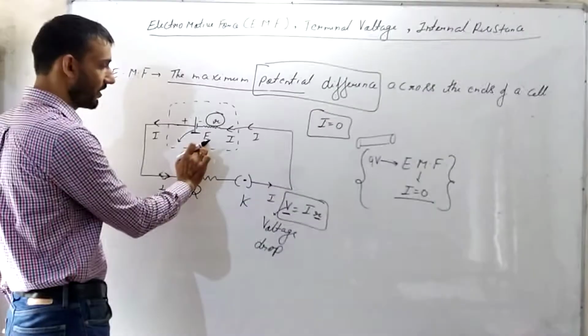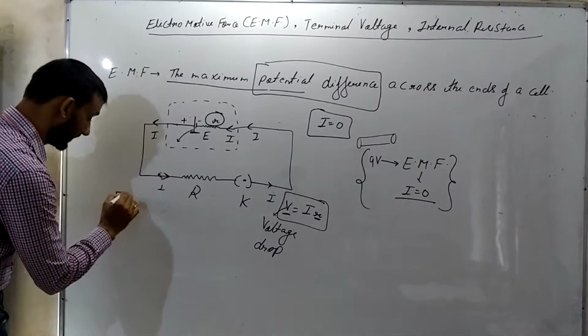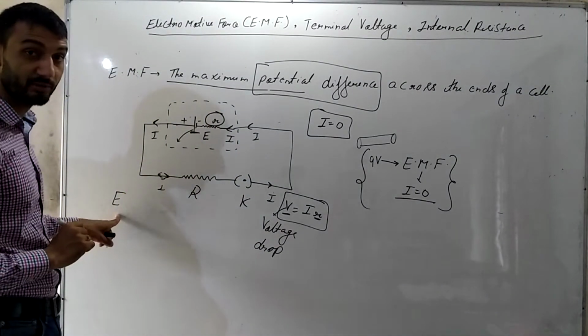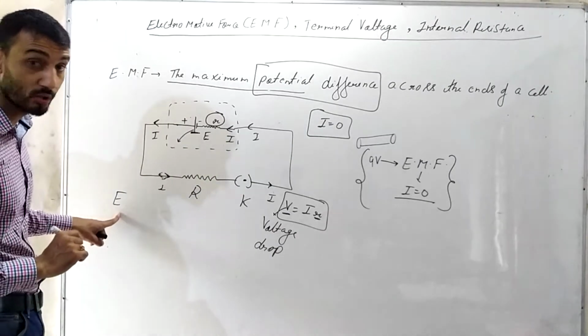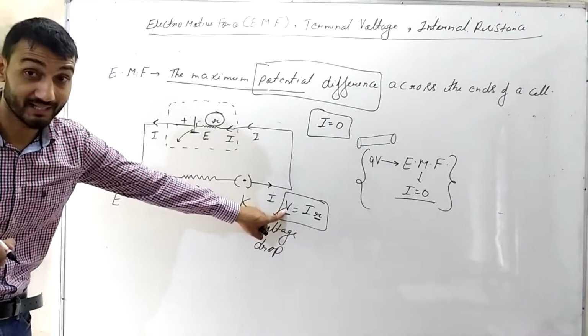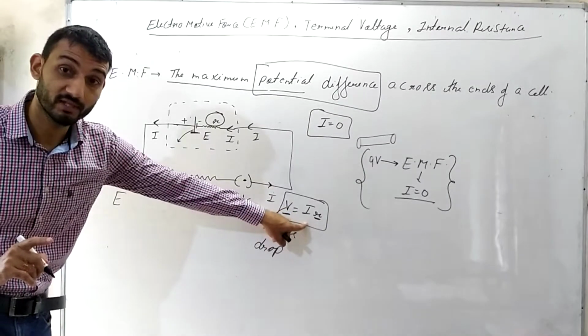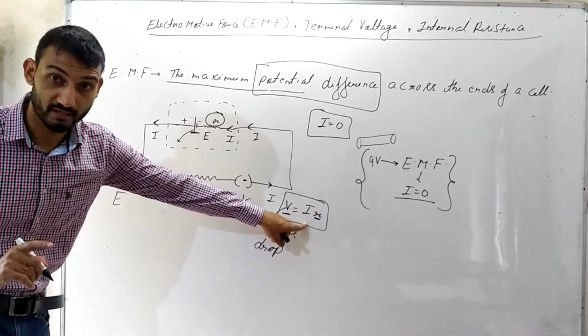So from EMF, which was the maximum potential difference E, r has taken this much voltage. Again, I am repeating: as it has the resistance r and a current I is flowing, according to Ohm's law, v equals Ir.